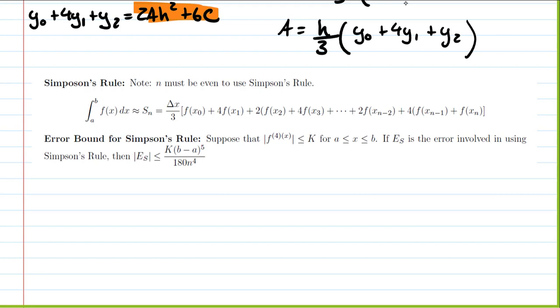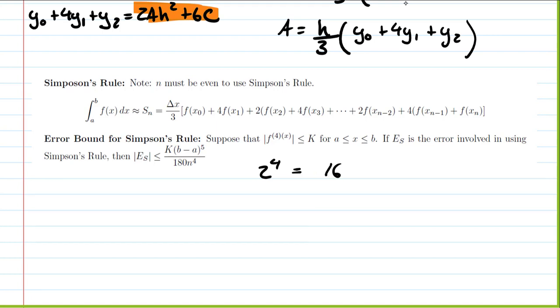So the interesting thing is when we look at Simpson's rule error bound, in the numerator now we have b minus a to the 5th, but what's the power of the denominator? Instead of 2, it's a 4. So if you double your number of rectangles now, or your partition, what's 2 to the 4th power? 16, right?